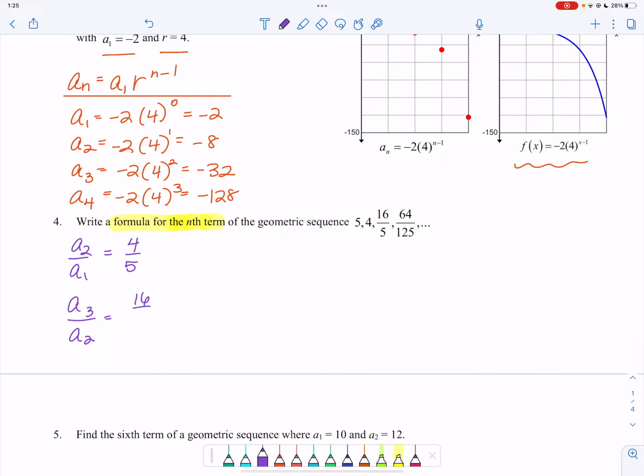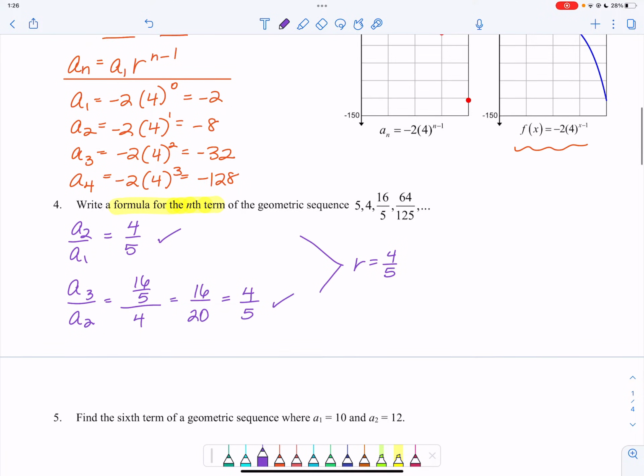That's 16/5 divided by 4, which is 16 over 20, and we get 4/5 again. So we know now that R is definitely 4/5.